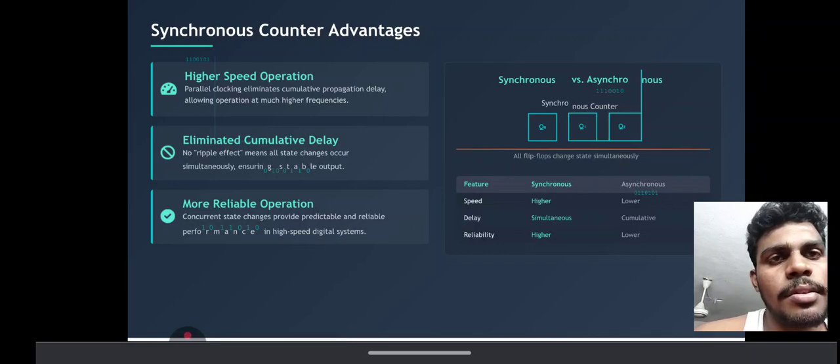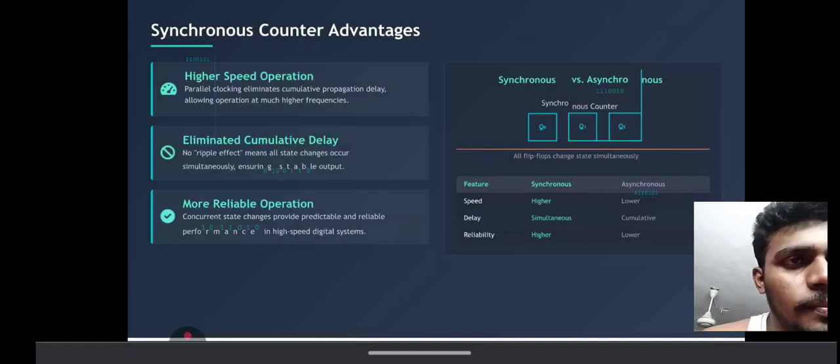Changes occur simultaneously, ensuring stable outputs and more reliable operation. Concurrent state changes provide predictable and reliable performance in high-speed digital systems.